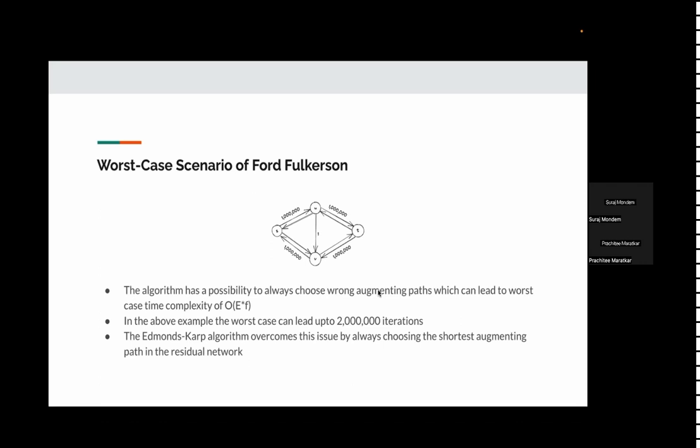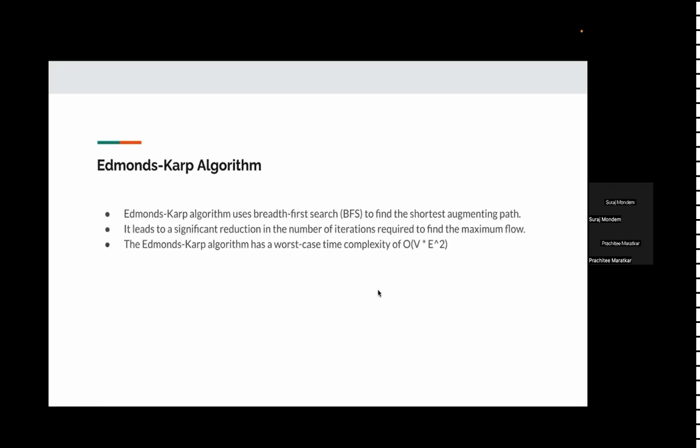The Edmonds-Karp algorithm addresses this issue by always choosing the shortest augmenting path in the residual network, which ensures that it always finds the maximum flow efficiently. The major change in the Edmonds-Karp algorithm is the use of breadth-first search to find the shortest augmenting path.